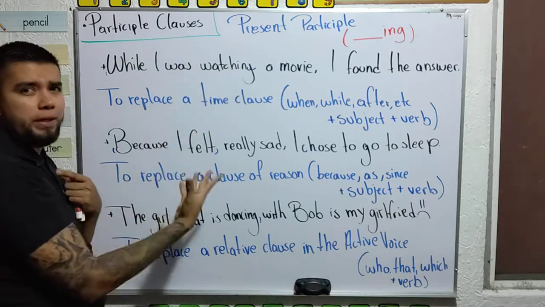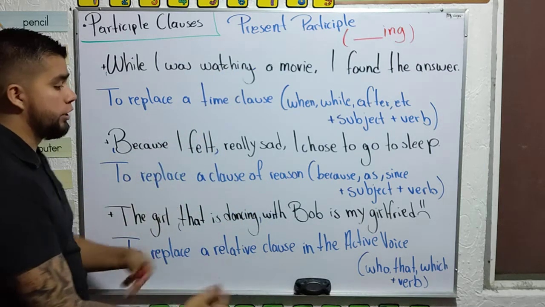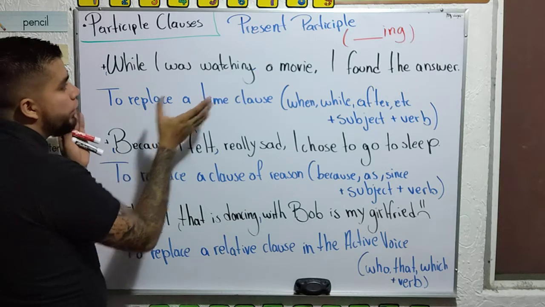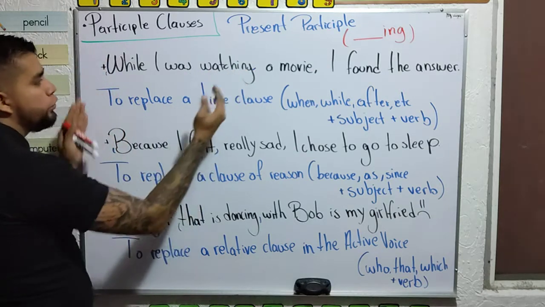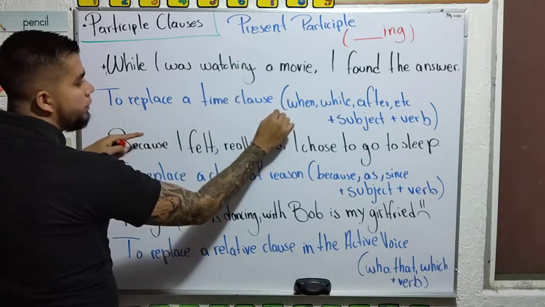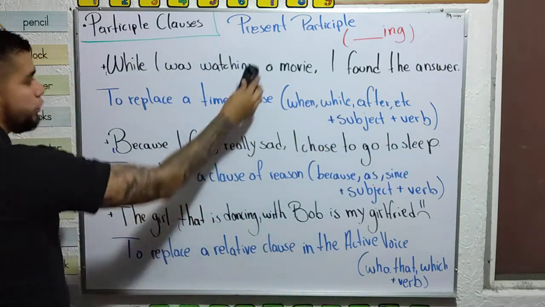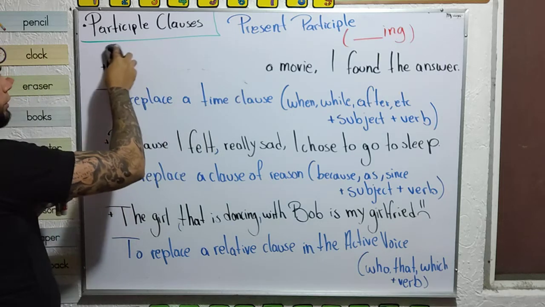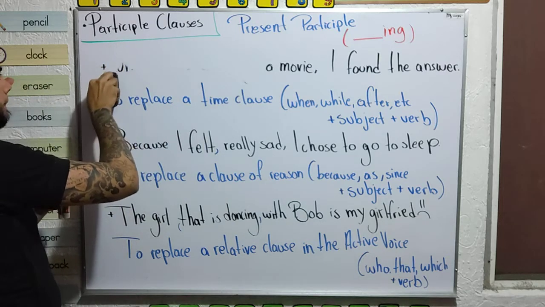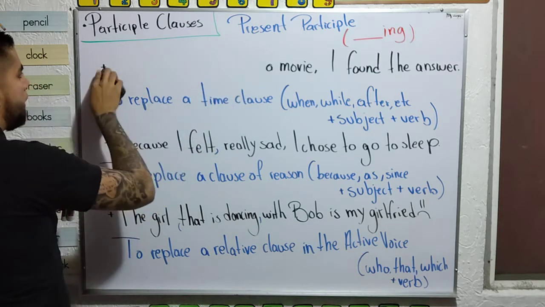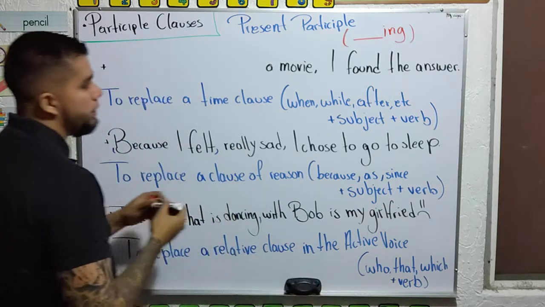This is the complete verb because it's the conjugation. So we are going to use the main verb to substitute the time clause. The time clause is this and this. So I'm going to substitute all this information with the main verb.